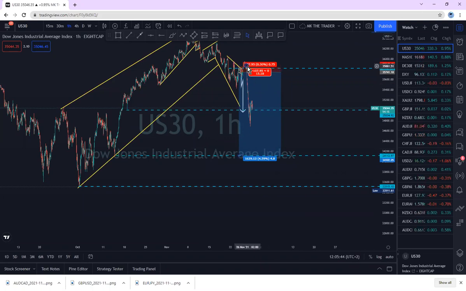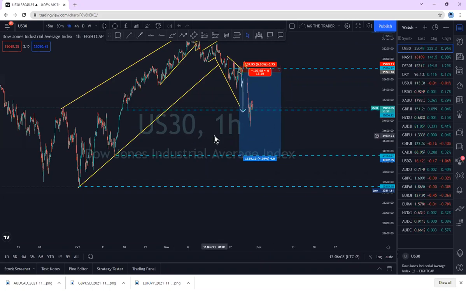So in this case, we have an aggressive move to the downside. I've seen a lot of people on social media and some of the groups I'm in, they're busy saying buy USDT, buy USDT. It's not the right time to buy USDT because we are still on a downtrend. You don't want to be trading against the trend.